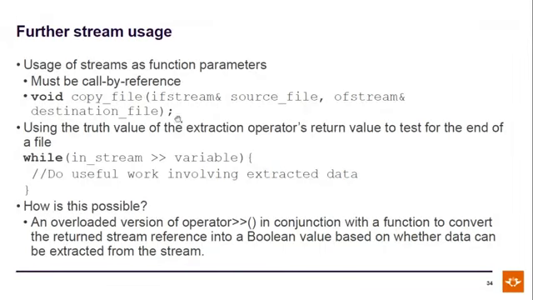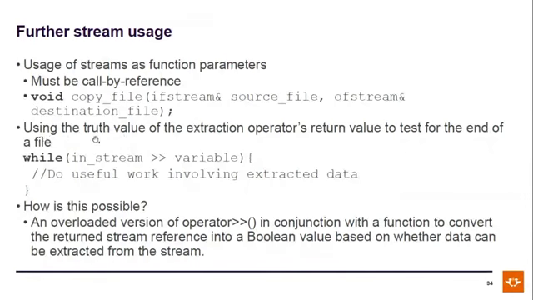You want to keep modifying the same stream so that whatever you do inside the function is done to the original stream. That's why you pass it by reference. And that's an output file stream.